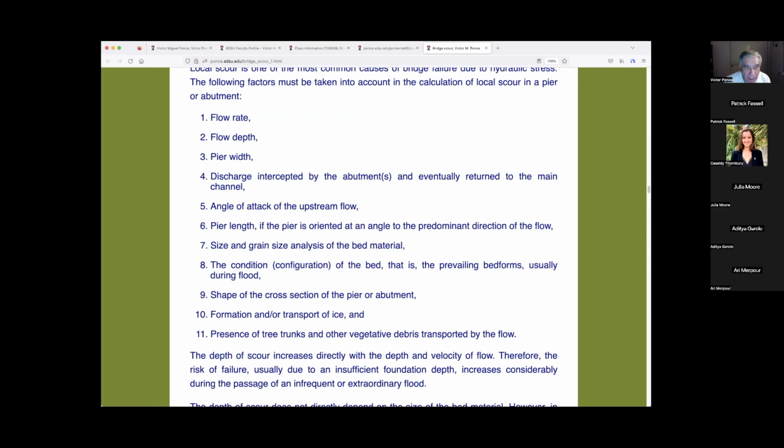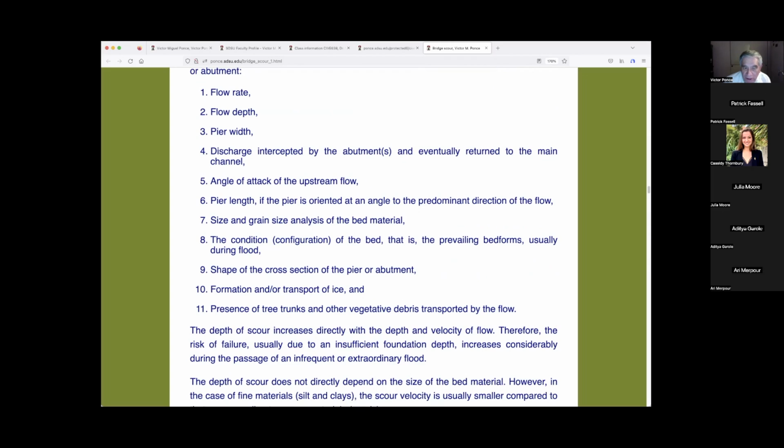Discharge intercepted, angle of attack, pier length, size and grain size analysis of the bed material, always important. Condition of the bed, prevailing bed forms, usually during flood, shape of the cross section of the pier or abutment, formation and/or transport of ice, and presence of tree trunks and other vegetative debris transported by the flow.